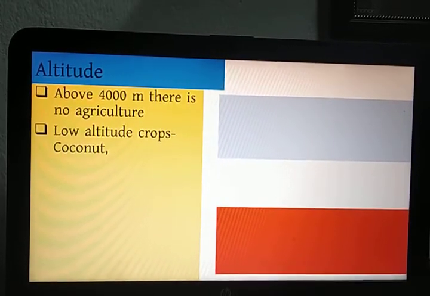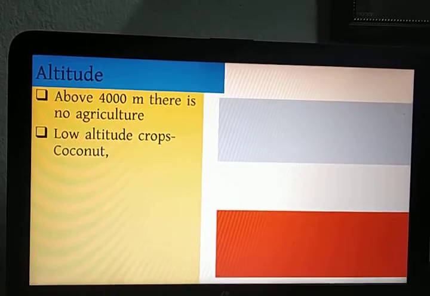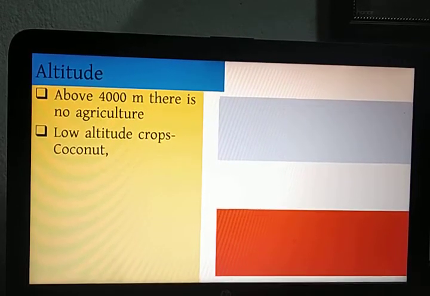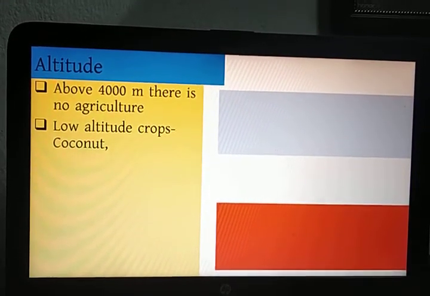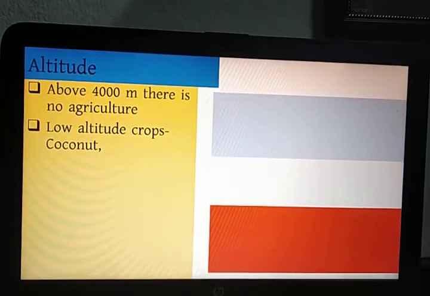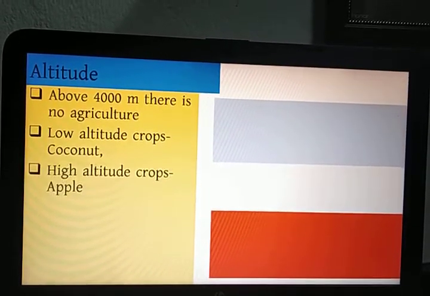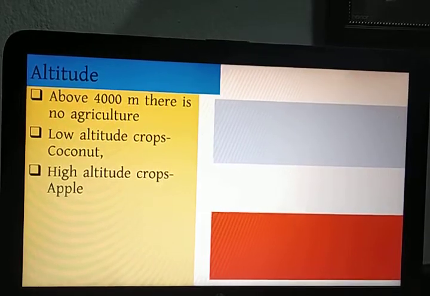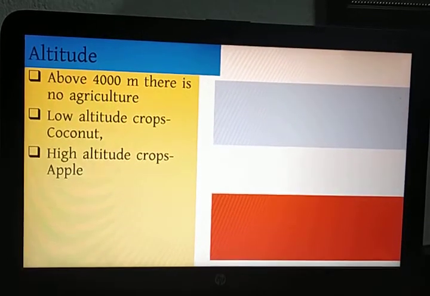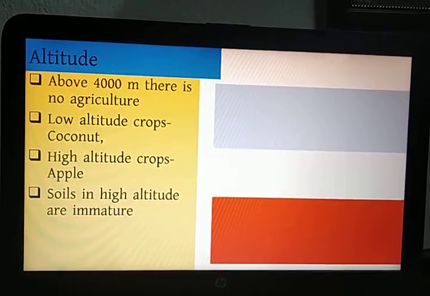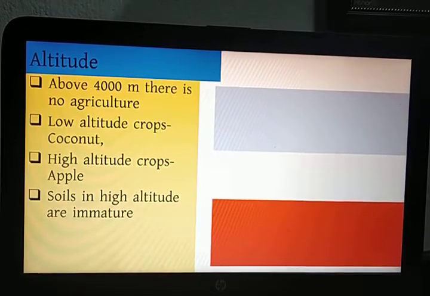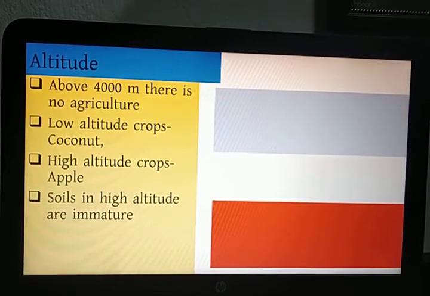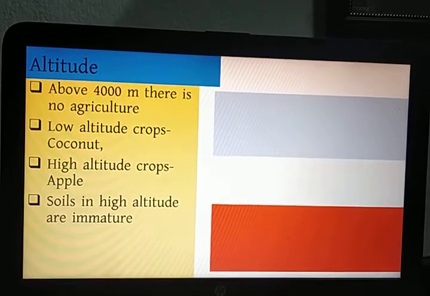Some crops require low altitude, just above mean sea level, that is coconut. Some crops require high altitudes like apple. Soil in high altitudes is normally immature or not properly formed. Soil profile is immature.